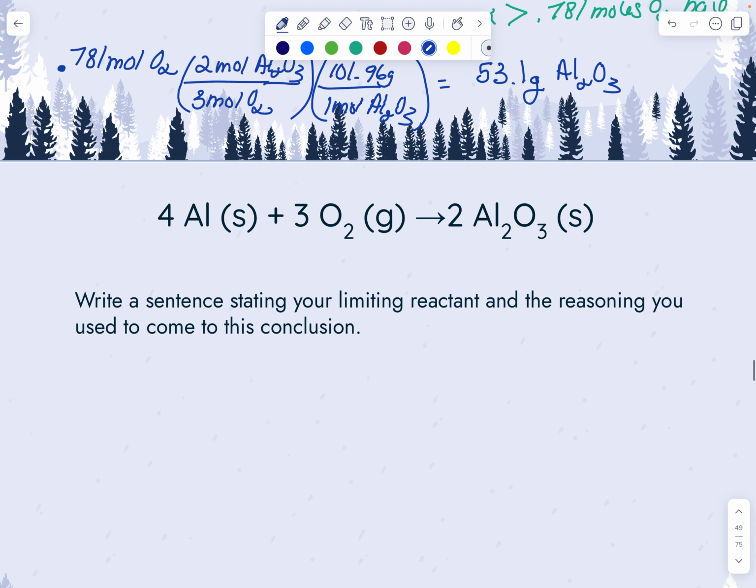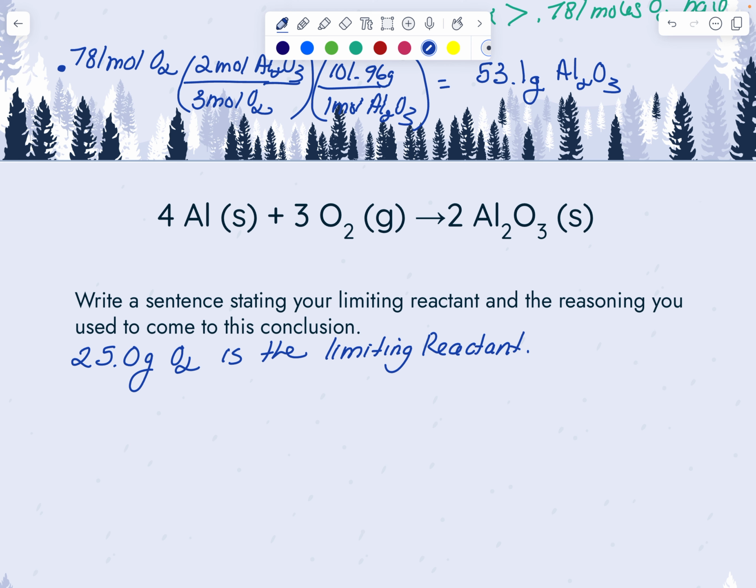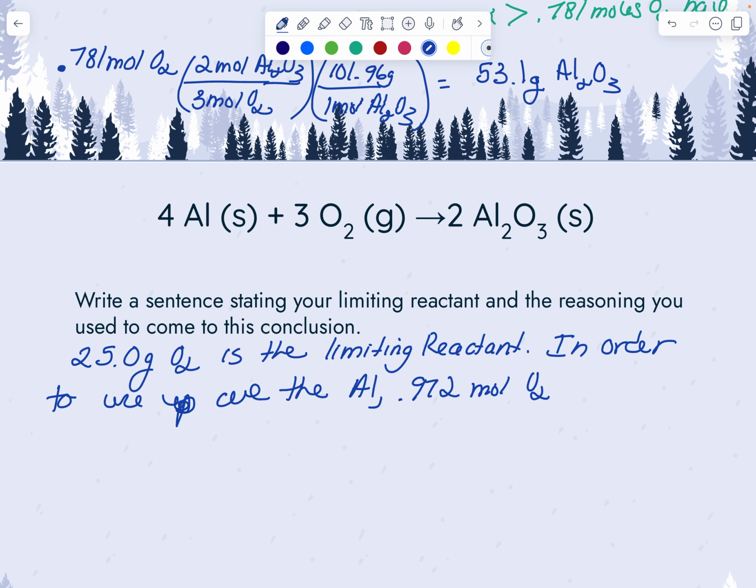Right? So write my sentence. The first thing I state is the limiting reactant. I can say amounts or not. I actually don't really care. 25.0 grams of oxygen is the limiting reactant. In order to use up all the aluminum, 0.972 moles of oxygen needed to be used.